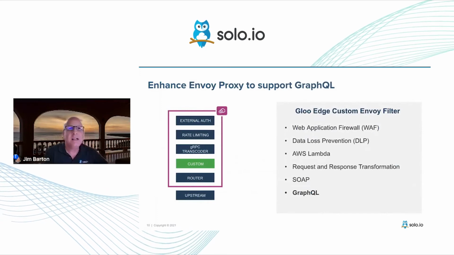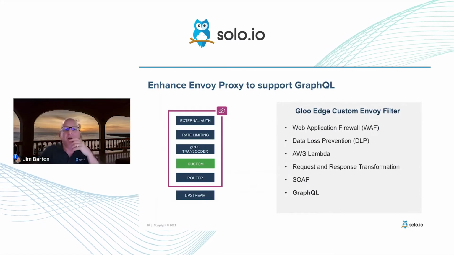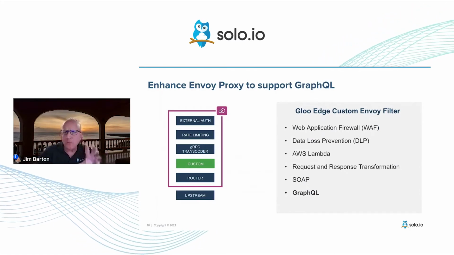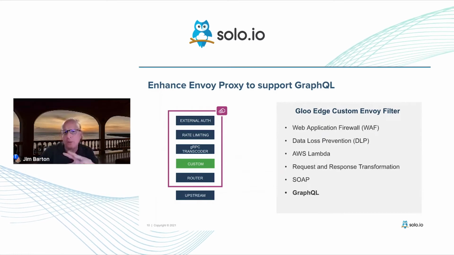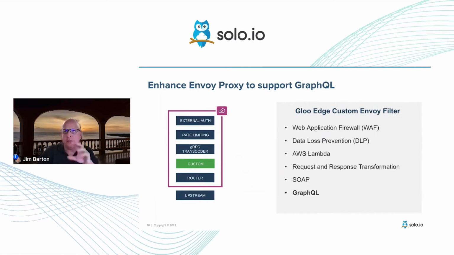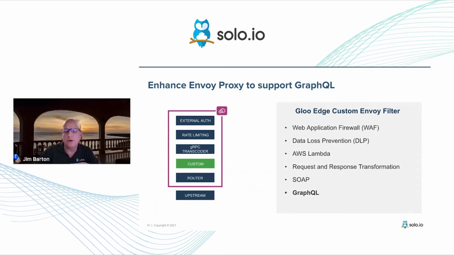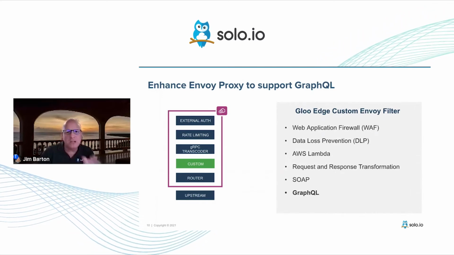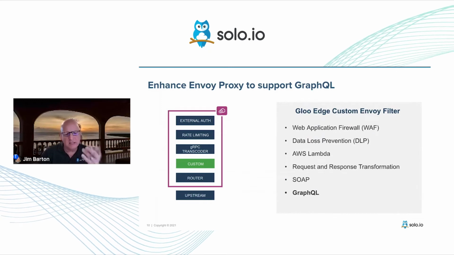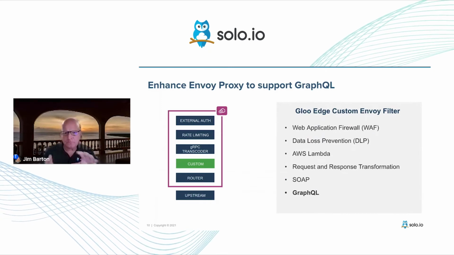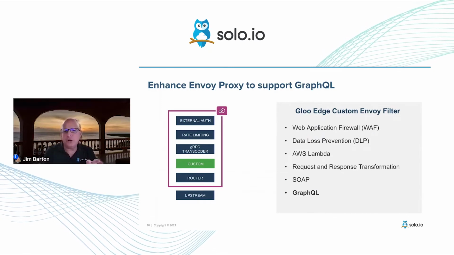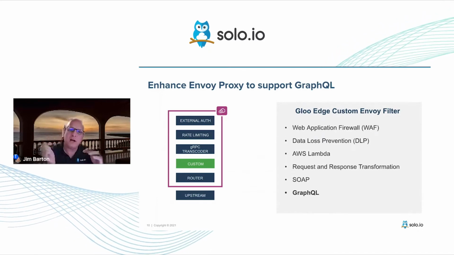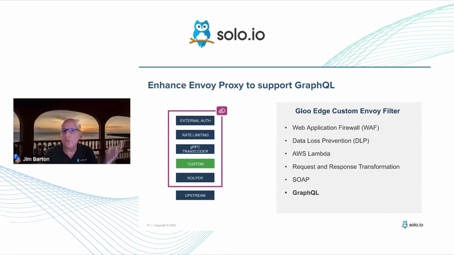Okay, so how has Solo done what it's done with Glue GraphQL? Well, all of our gateway products are based on Envoy proxy. Okay, so Envoy proxy, very fast, very scalable. One of the unique things about it is that it supports a filter chain architecture where there are plug points where you can specify your own filters that do a whole variety of things.